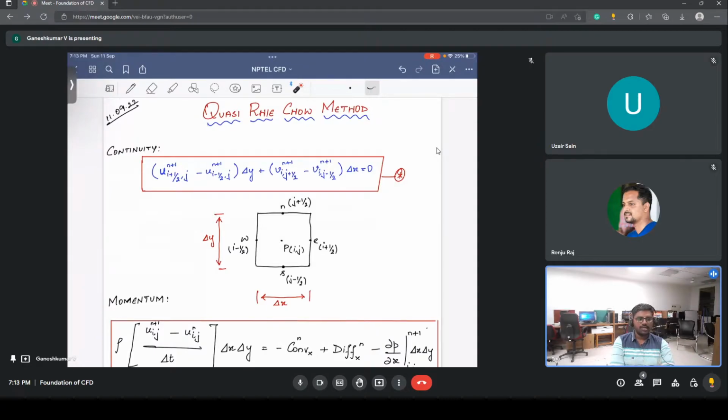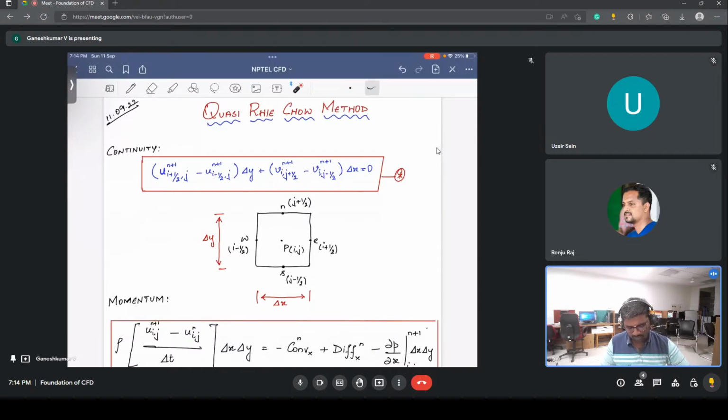I'm just giving you the advantages of using this method, and of course you can use it for a collocated grid. In the last class we stopped in between because of time constraints, but what we found was how we get pressure velocity splitting.